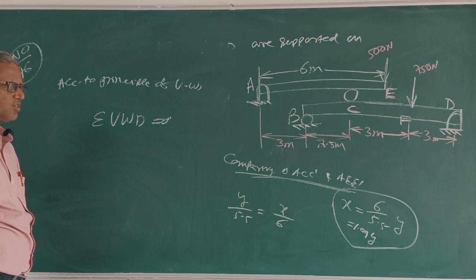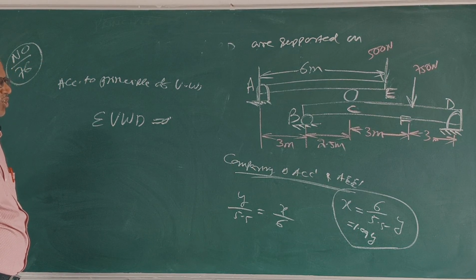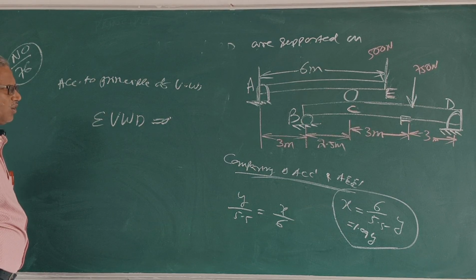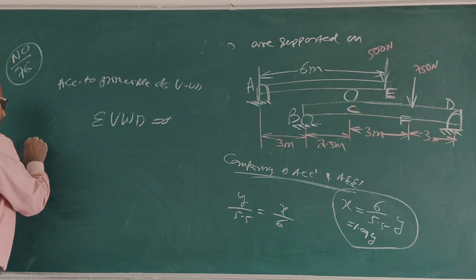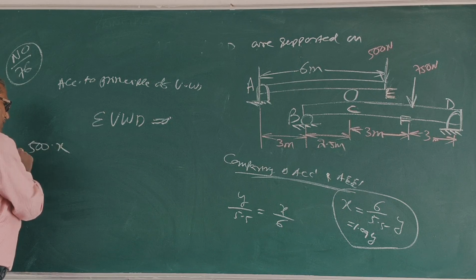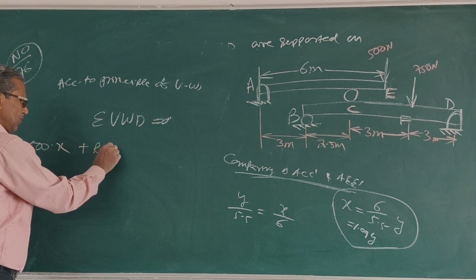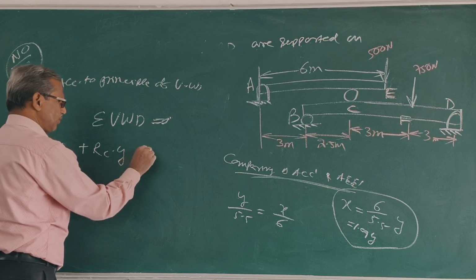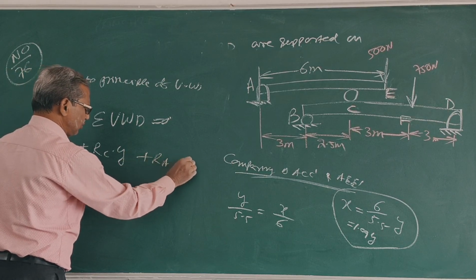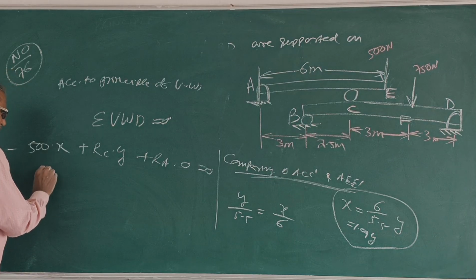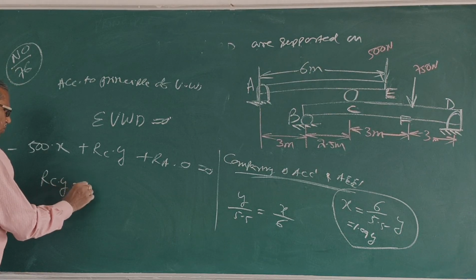So minus 500 into x plus RC into y plus RA into 0 is equal to 0. So RC into y is equal to 500 into x.